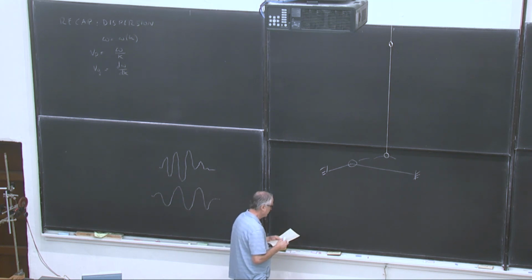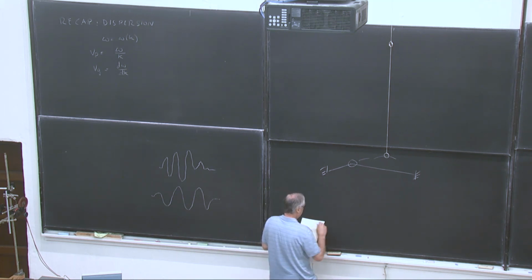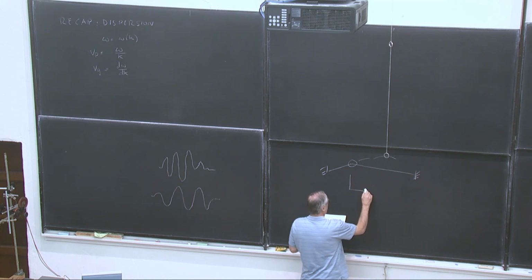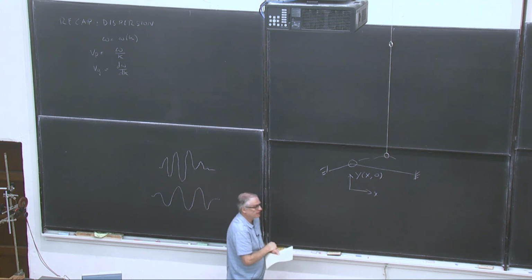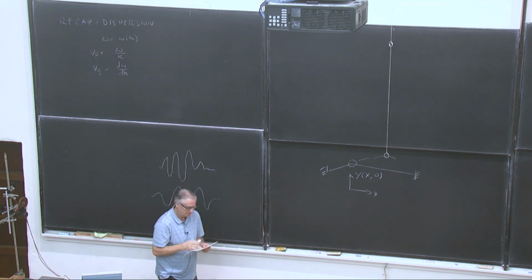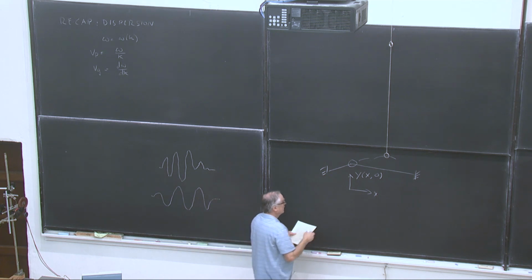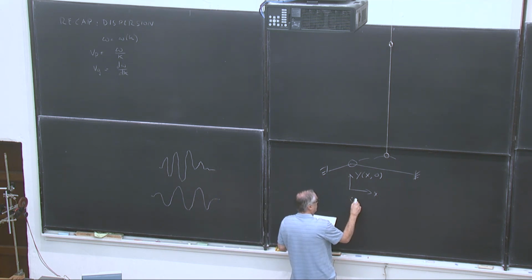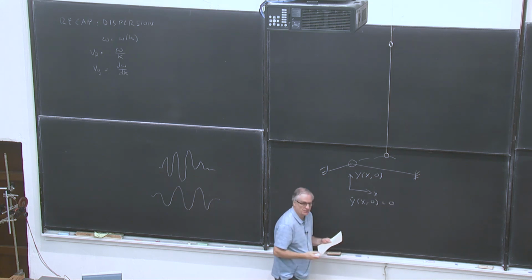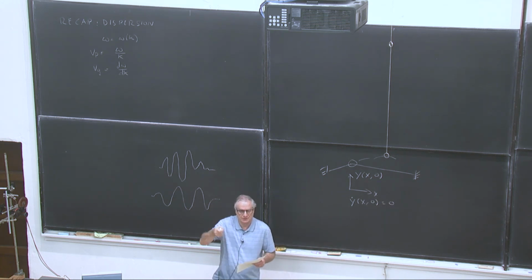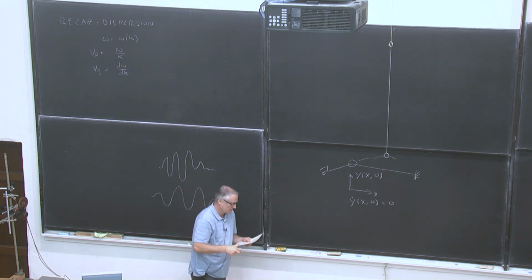Let's suppose that we have a wire like this. We'll put a coordinate system on somewhere. So this bend here is just y of x at time t equals 0. That's my initial condition. And I'm saying that y dot at x and t equals 0 is 0, so I'm starting it out at rest. I'm just going to pluck it and let it go.